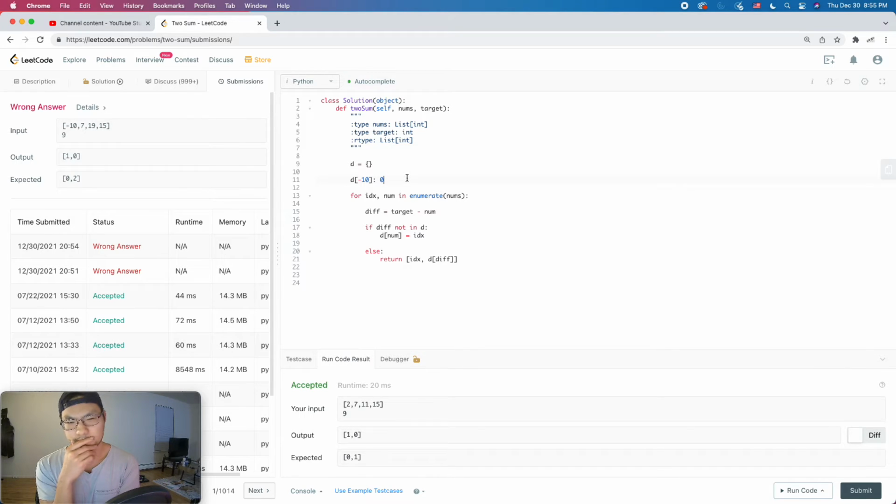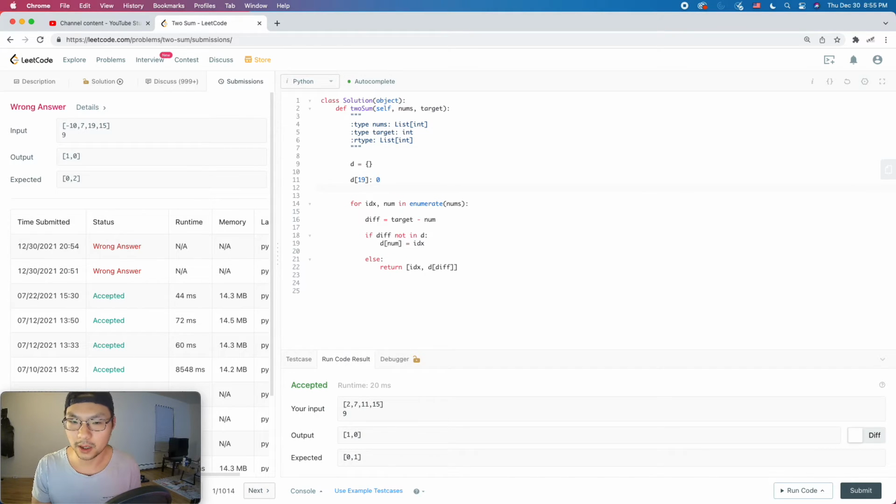By the way, 9 minus negative 10 is going to be 19. Okay, so we have 9 minus 7, which would be 2. So we'll say the difference of 2 equals 1, right? Because if you're looking for the difference of 2, it's going to be there.